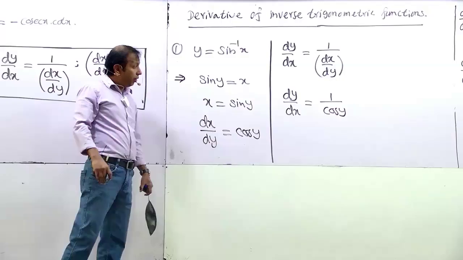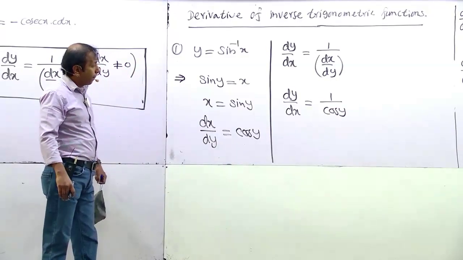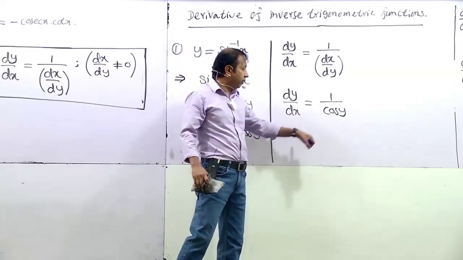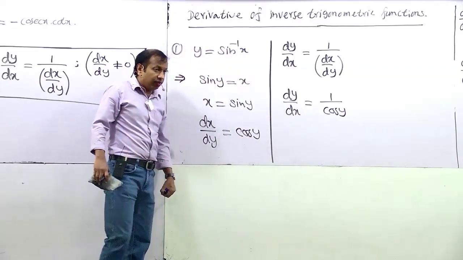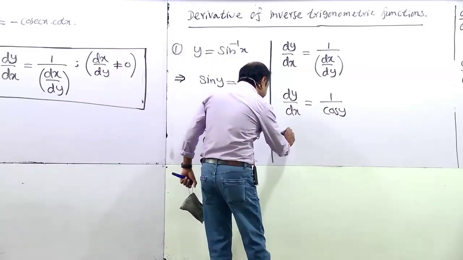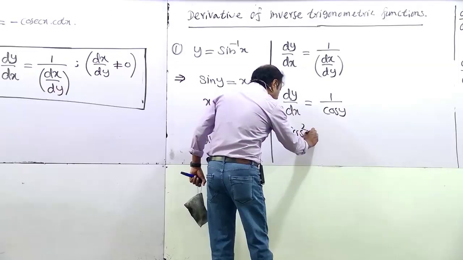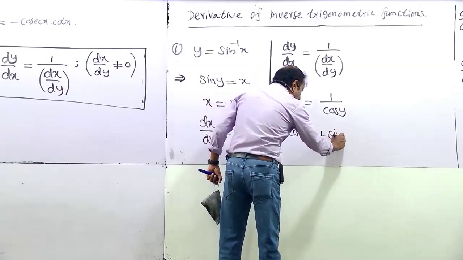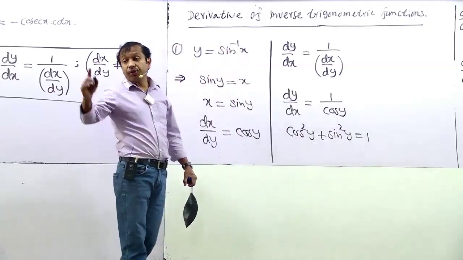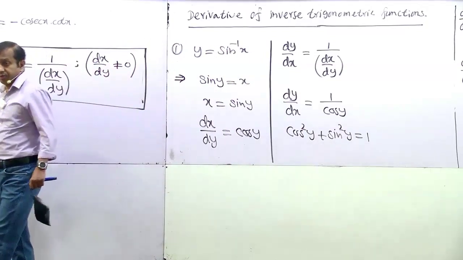Now this cos y I can replace in terms of x. You know, cos squared y plus sin squared y equals what? 1. For any angle, cos squared theta plus sin squared theta is 1, no?